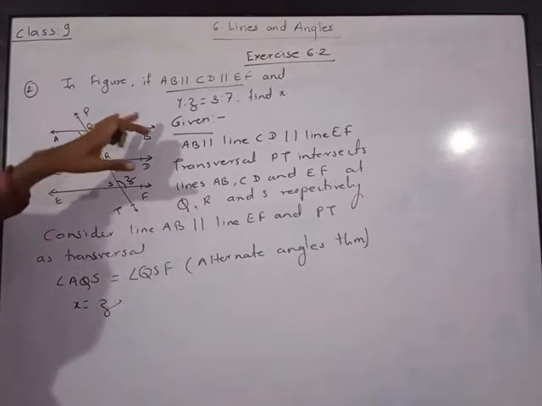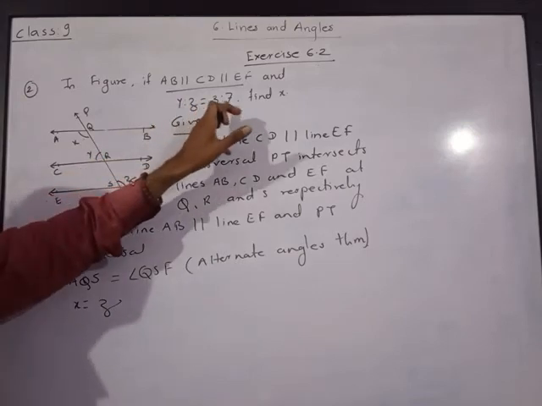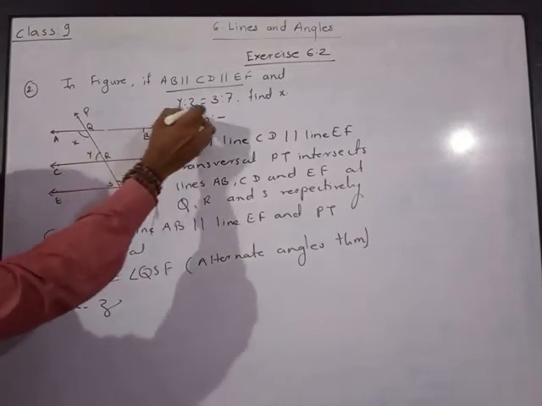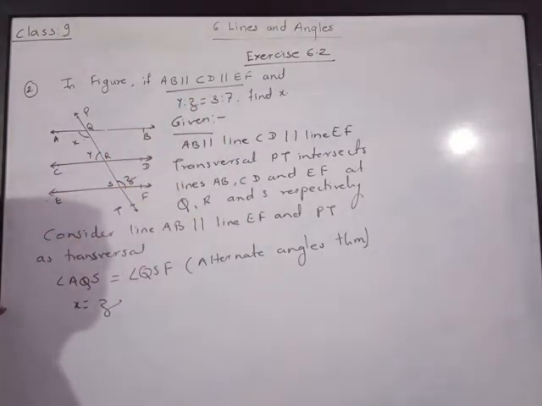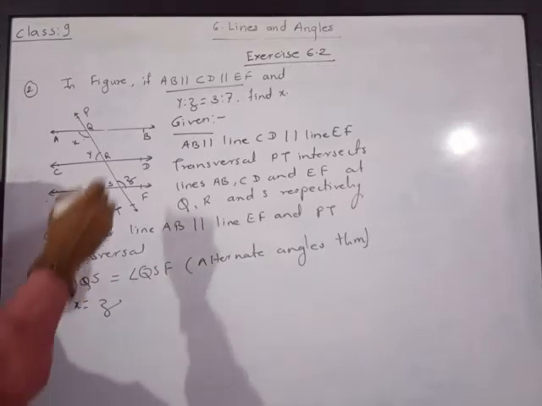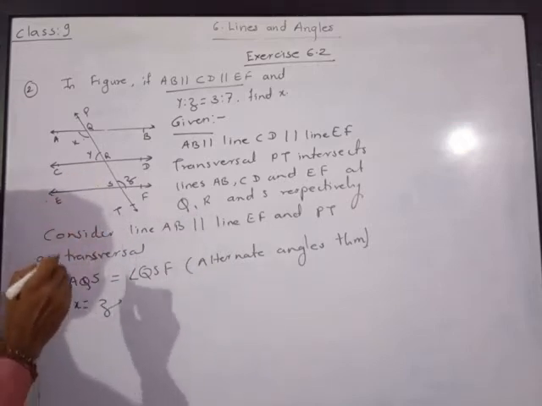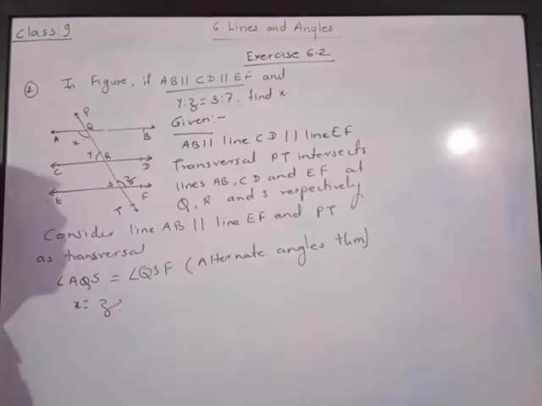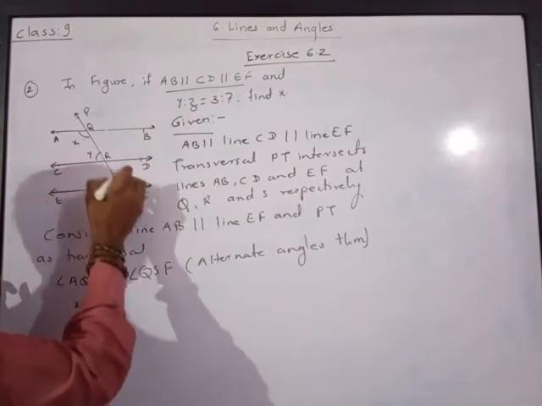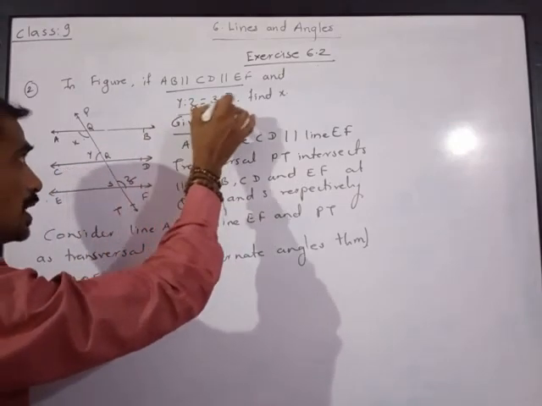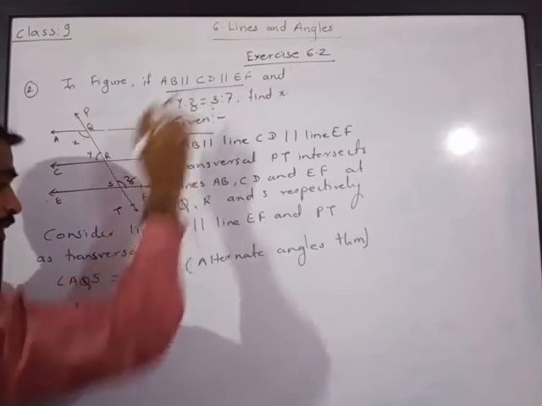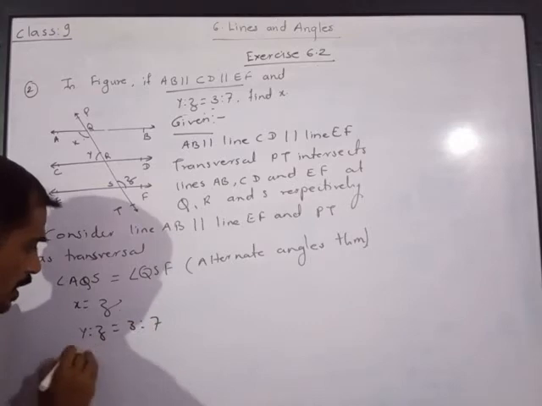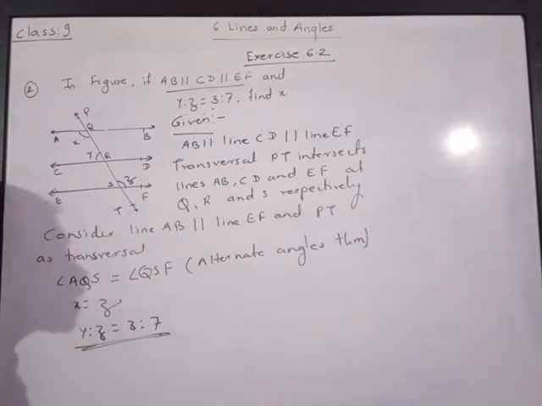Now see here, we are given y to z is 3:7. This is the ratio given to us. It means there exists a common multiplier.